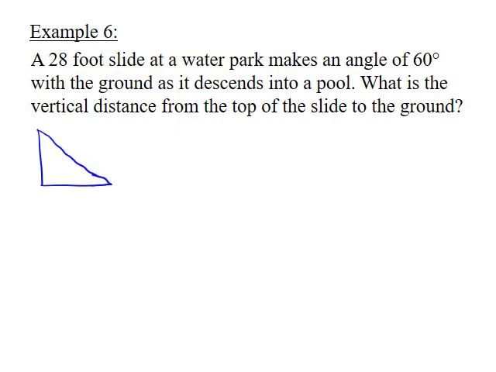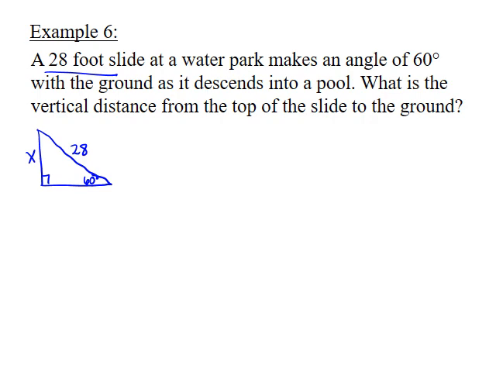So that is telling us that this angle here is 60 degrees. It says, what is the vertical distance from the top to the ground? Sorry, the slide is 28 feet, so this is 28. Okay, so we can see we have a right triangle.